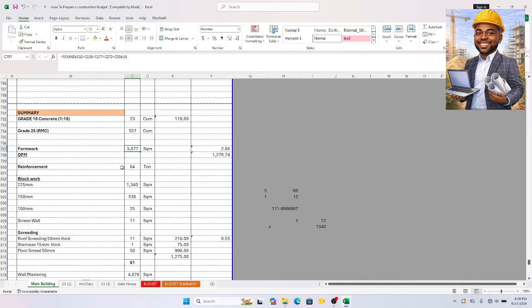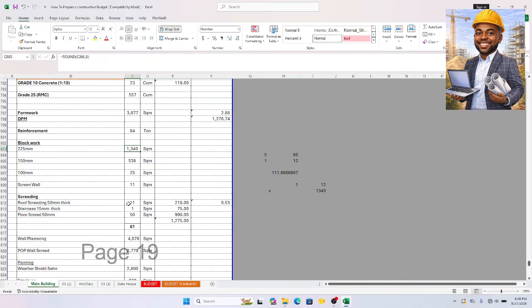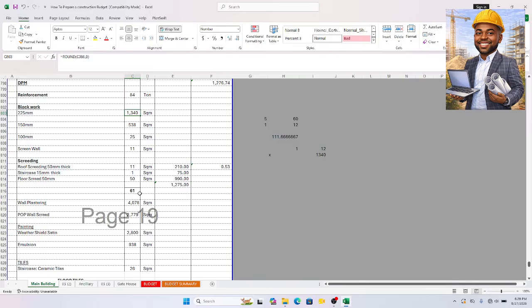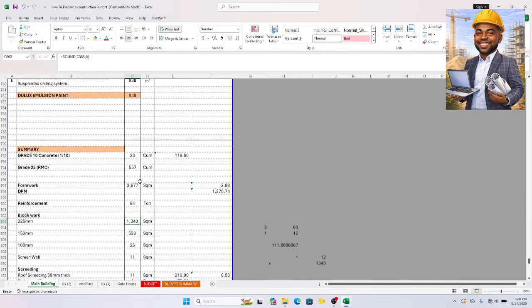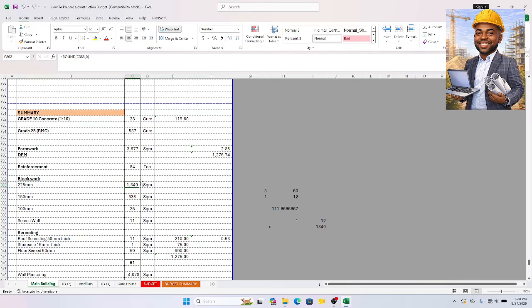This is formwork also for everything. This is the total reinforcement. This is total block work. This is screeding, 150, 225, 150, 100. So I summarized everything for ease of reference or for ease of transfer into my budget. Are you following? So you don't just go and be picking from the quantities.